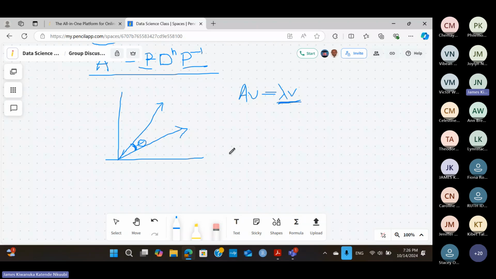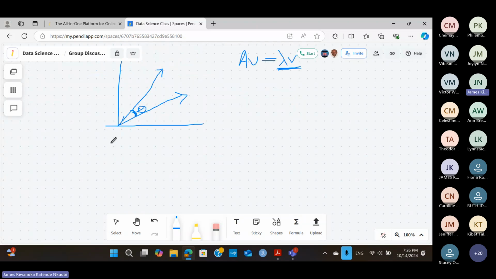There are also other matrices which don't have n distinct eigenvectors, because usually we can decompose a matrix to find a matrix which is similar to A. So this can be done, but this only works if the matrix A has n distinct eigenvectors.